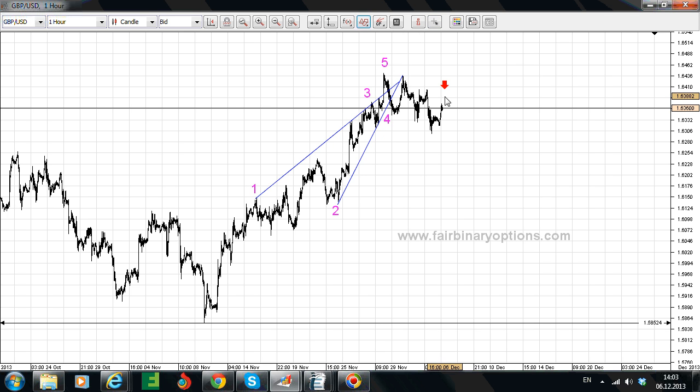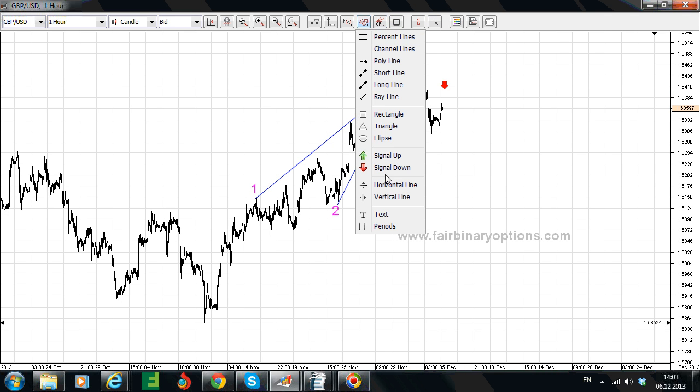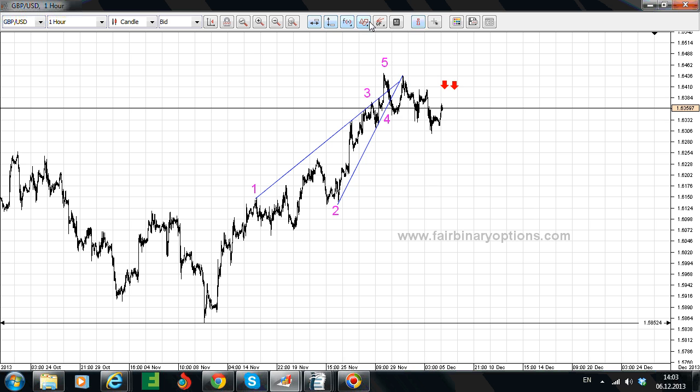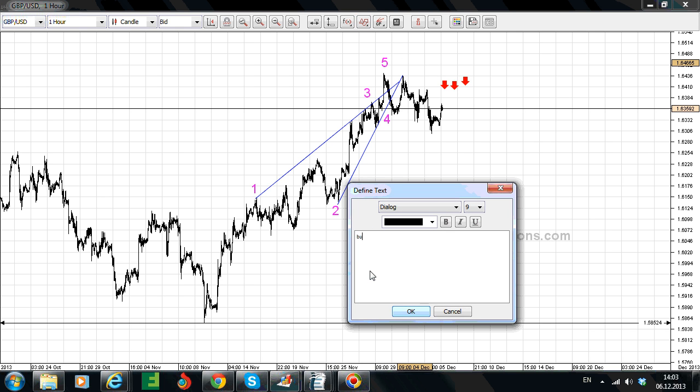Basically, I'm looking to buy put options. So buying put options with end of day, so today on Friday, end of day expiration date.